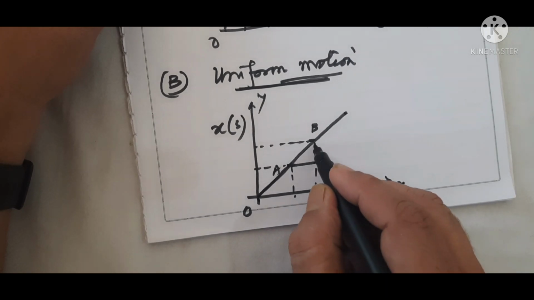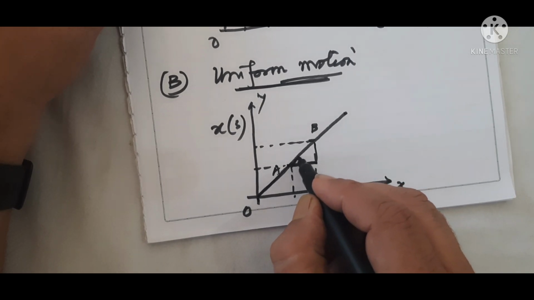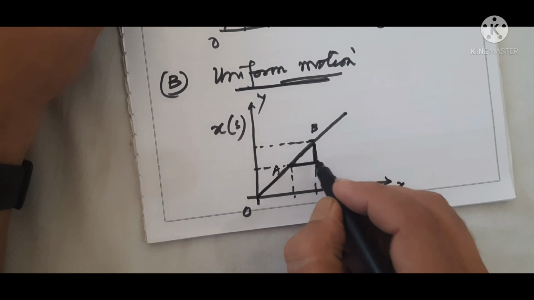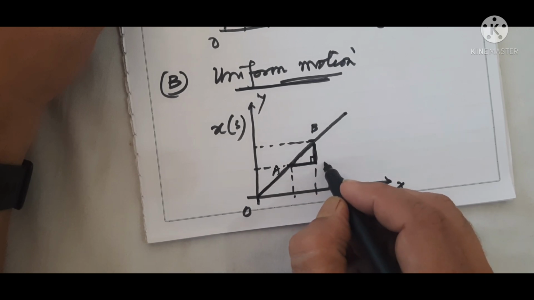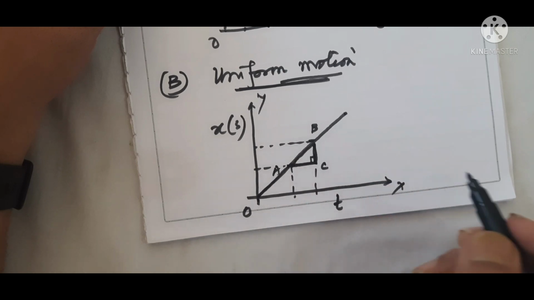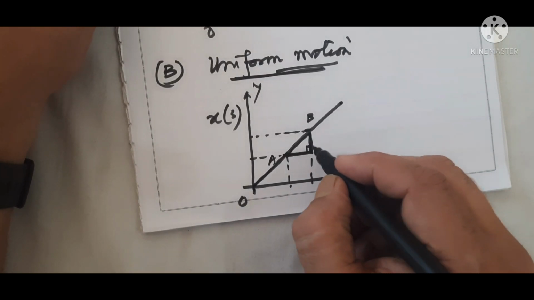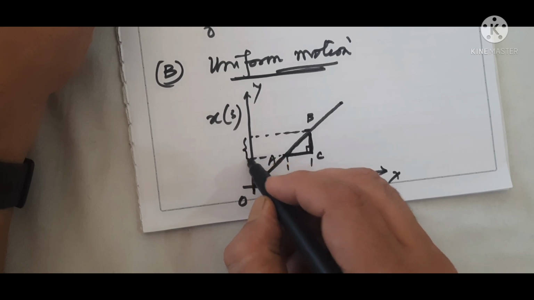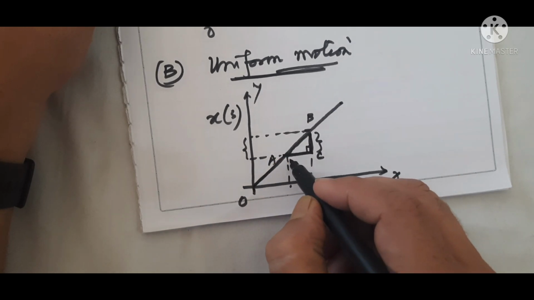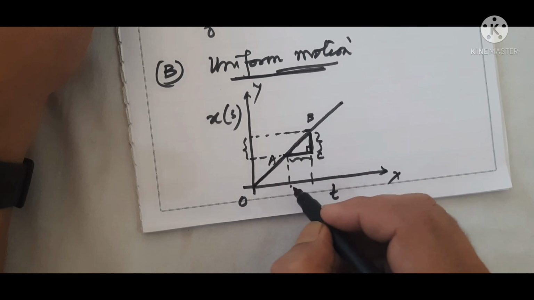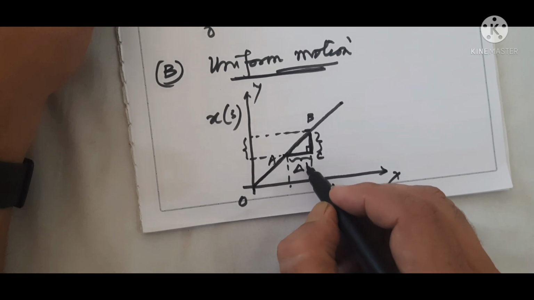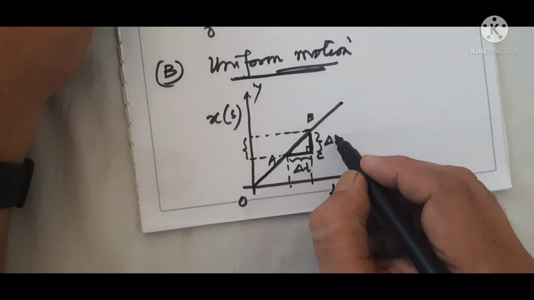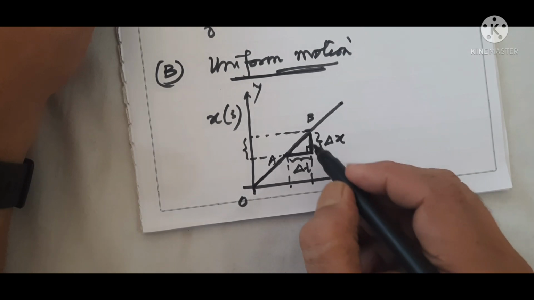Join this line, you will get the right angle triangle ACB. So this particular distance is equal to this distance, and this distance is equal to this time. This is net time del t, and this is your del x.